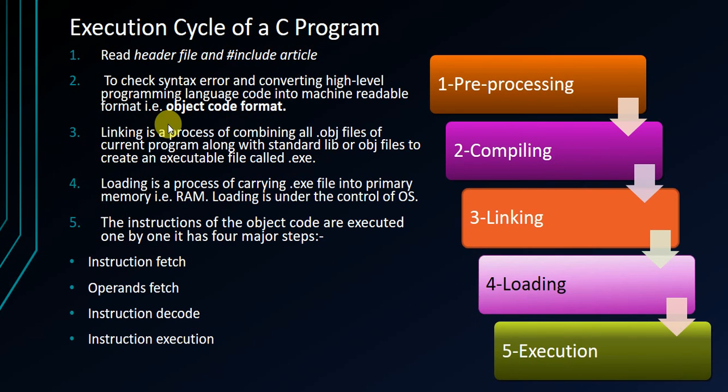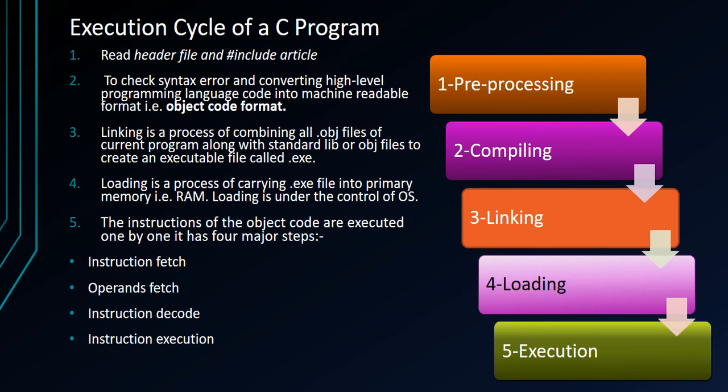And loading, what is loading? This is very important. If you ever go through the operating system concept, you will be aware that to execute a program on a computer system, it must be loaded in the main memory of the computer.